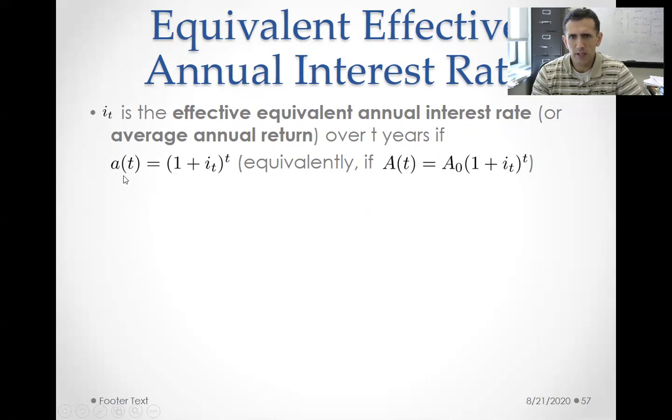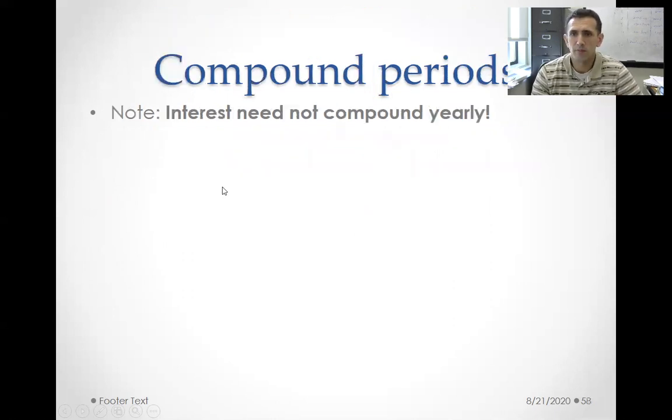So saying the growth factor a(T) is (1 + I_T)^T is the same thing as saying the accumulation function is A_0 (1 + I_T)^T. It's just a little easier sometimes to work with the accumulation function, so you don't have to calculate the growth factor if you don't need to.